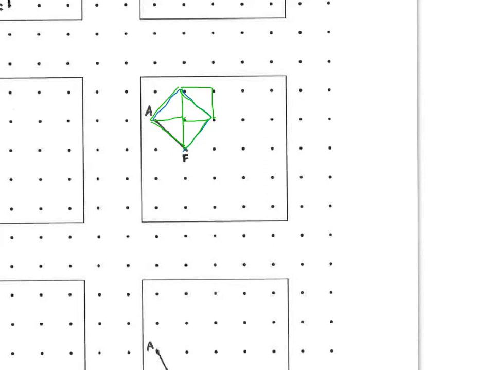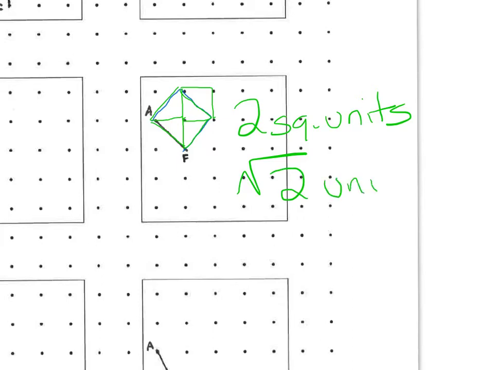So we know our square has an area of 2 square units. We also remember that if we know the area of a square, we know the side length of a square. The side length of a square is exactly the square root of its area. So each side, including AF, is the square root of 2 units long.